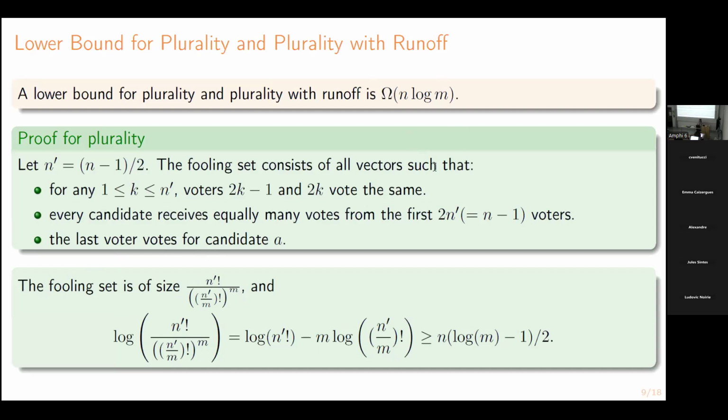What is not clear to me is why the fooling set size produces a lower bound. I don't know. There is no easy intuition. I think I would need more time to think about it, but there is no reason that it's false.